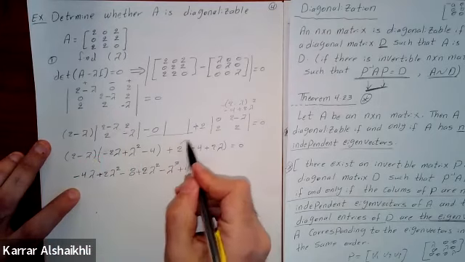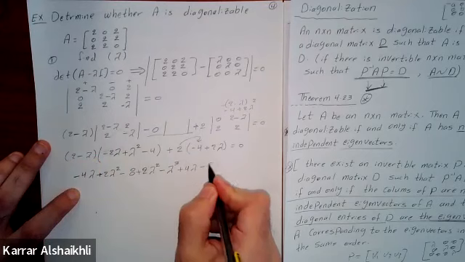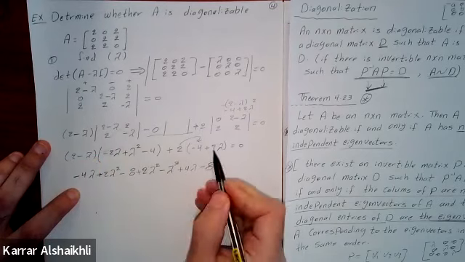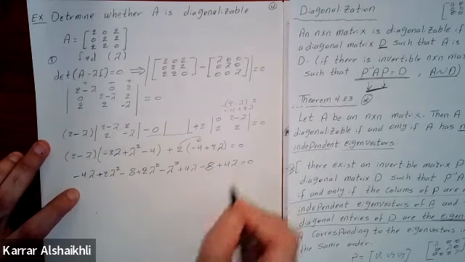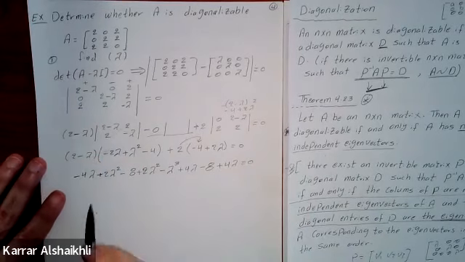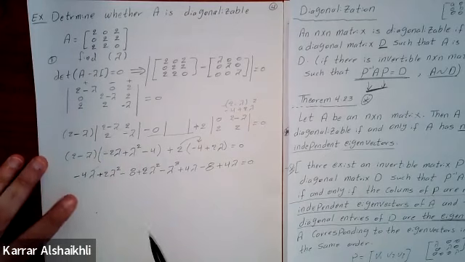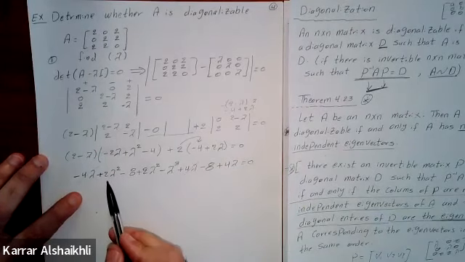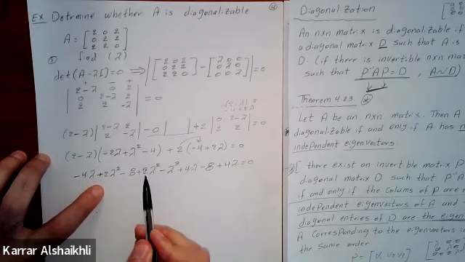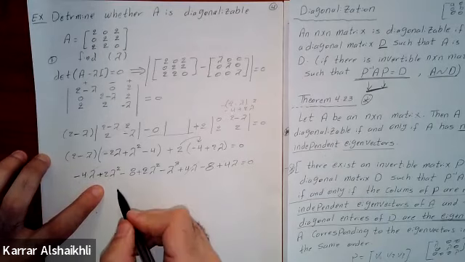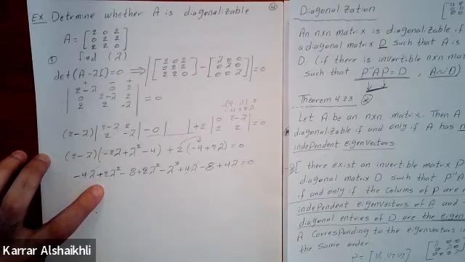Now, 2 times -4 is going to be -8. 2 times 2 lambda is going to be 4 lambda. Now we're just going to combine the like terms. I have -4 and 4, they cancel. We have 2 lambda squared and 2 lambda squared, so it's going to be 4 lambda squared. -8 and -8 is negative 16.